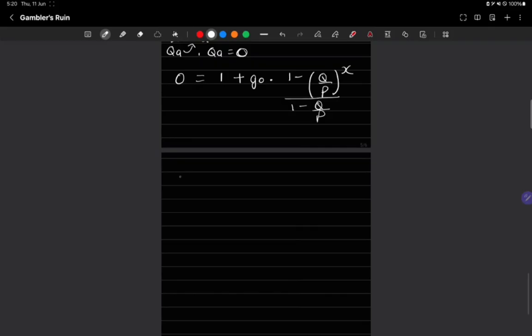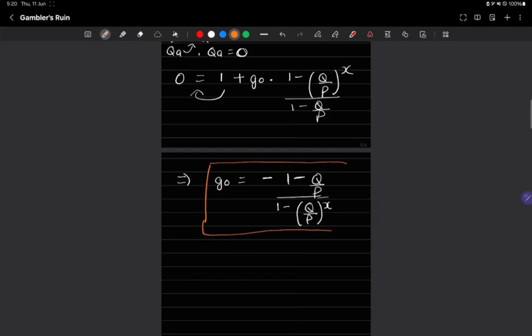Now if we put the 1 at the left hand side and take out the value of g0, that will be minus 1 times 1 minus q by p upon 1 minus q by p raised to the power a, because this is just cross multiplication. This will be minus 1, not 0, so it goes there, and that is our g0 value.